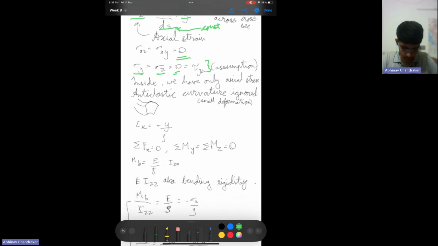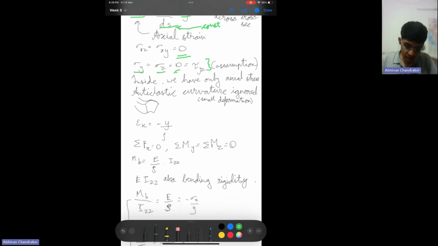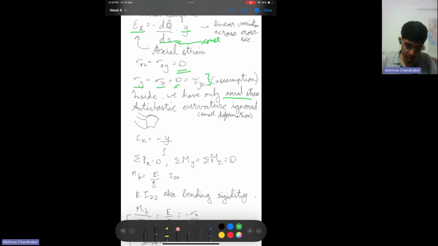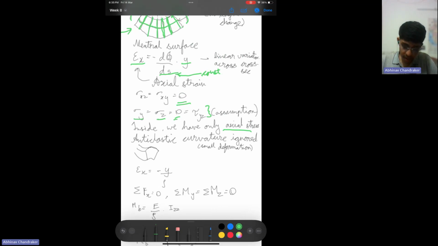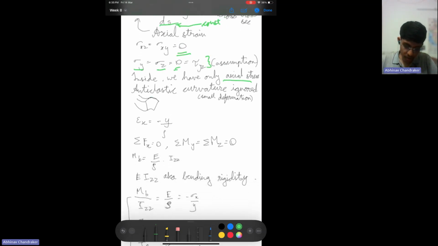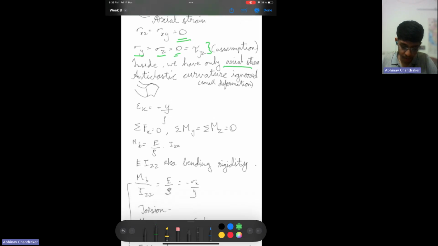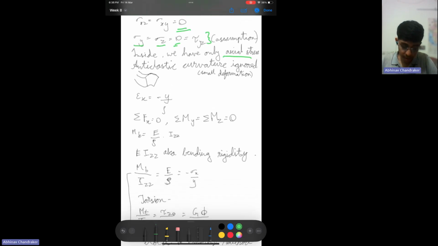Okay, so from this we can understand that we have only axial strain, and that too only in the x direction. Also, we know that the variation of that strain is going to be linear with y. So the state of stress is not so complex. It's pretty simple inside this bent beam for pure bending.